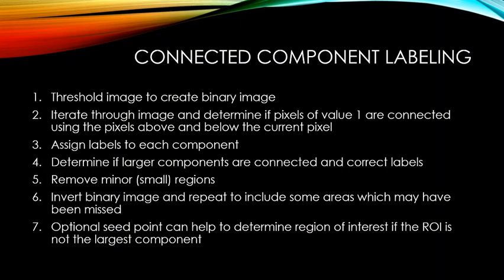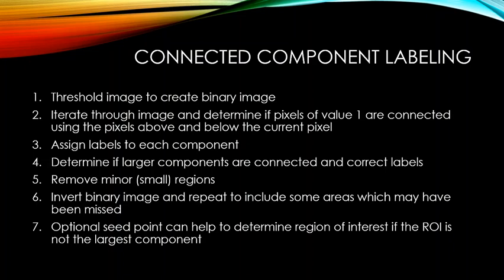And then as we're going along, we assign labels to each component. If the pixels adjacent to our current pixel have already been labeled, then our current pixel takes on the same label as those pixels. If we have found a new pixel that doesn't have a label yet, then we assign it a new name.